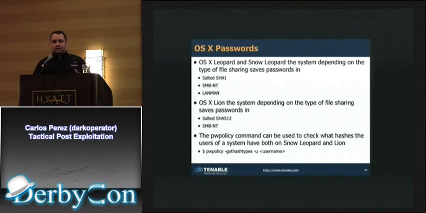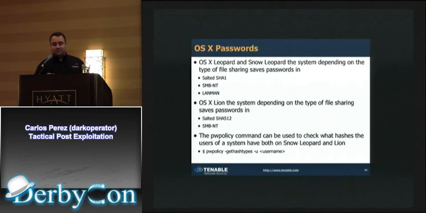If you look in the framework, I wrote a post module that will dump it and will create separate files for each one for you. And I even have my own Python and Ruby script on my website.